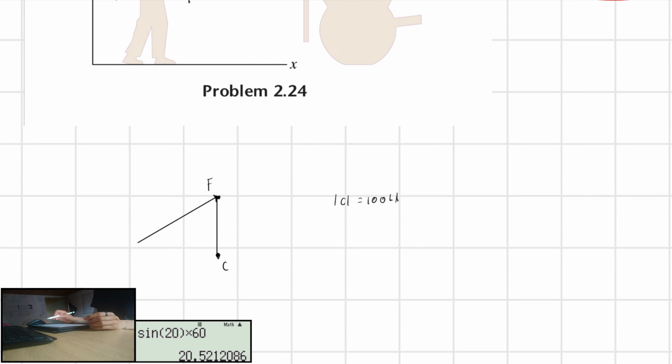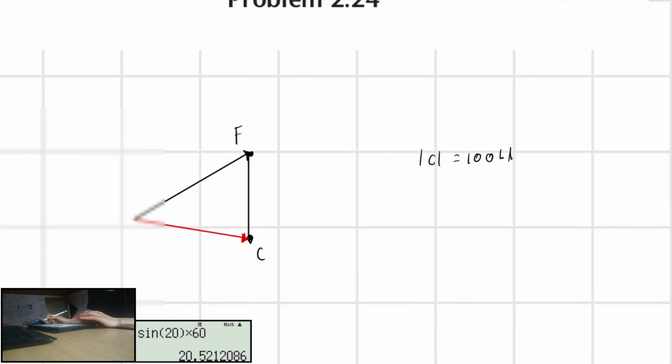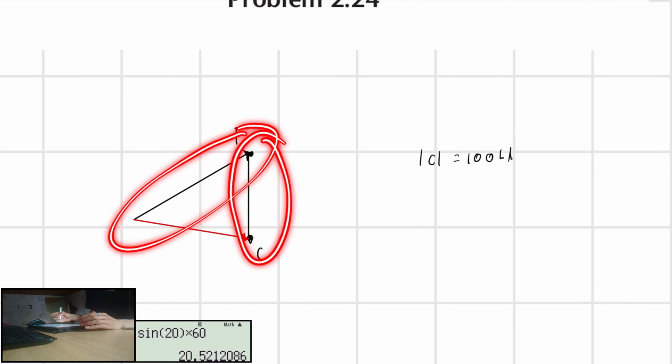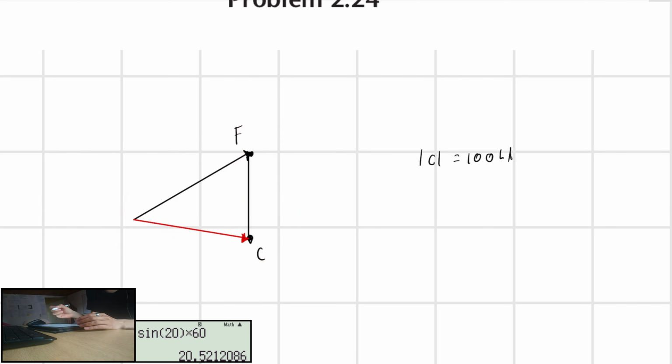Alright, so I should be able to find this magnitude. Remember, when you have two different vectors, the sum between them, graphically speaking, is the connection between this point and this point.